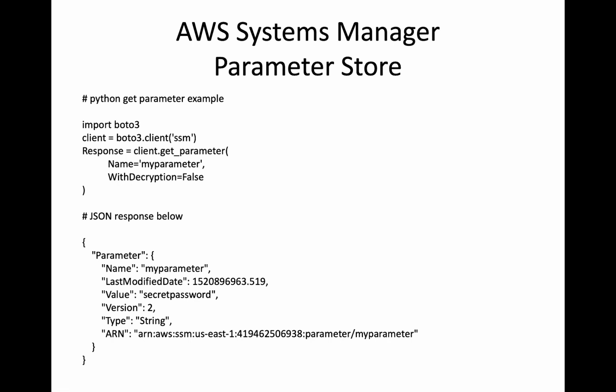AWS will respond back with a JSON response, giving us the value that is stored in that parameter. So we can store things like service endpoints in Parameter Store. We can store secrets in Parameter Store. It's a really convenient, centralized key value store that our services can communicate with.